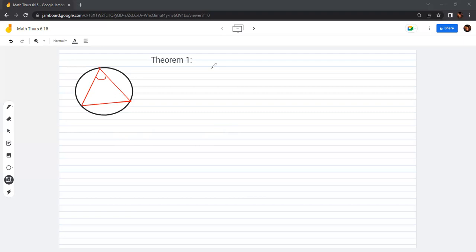If we have several of them coming off the same chord, all of them coming from one chord, then the angles at the circumference within the same arc are all the same.